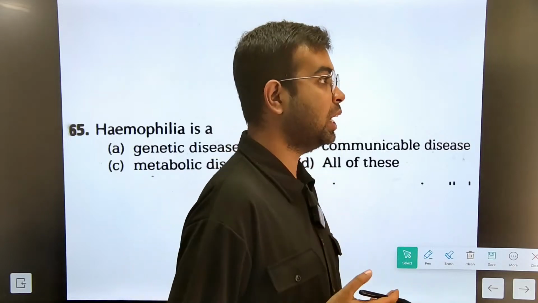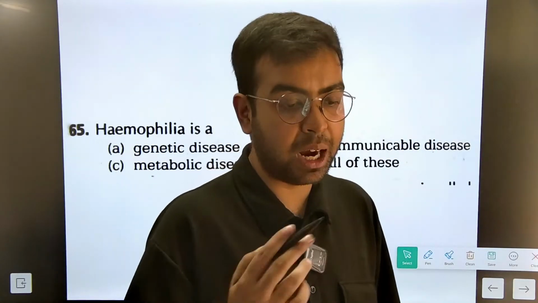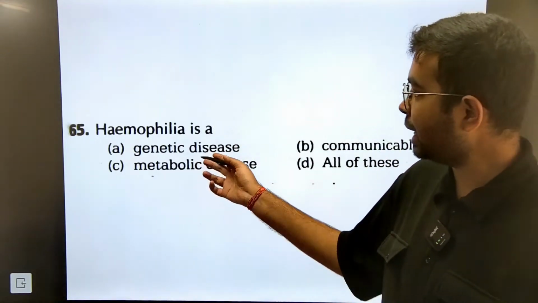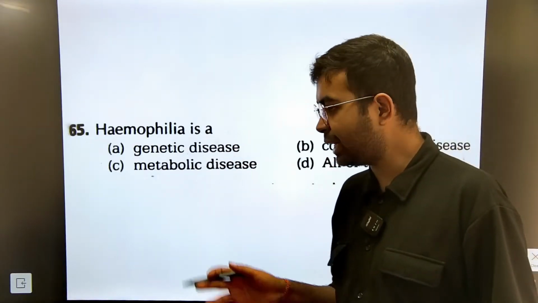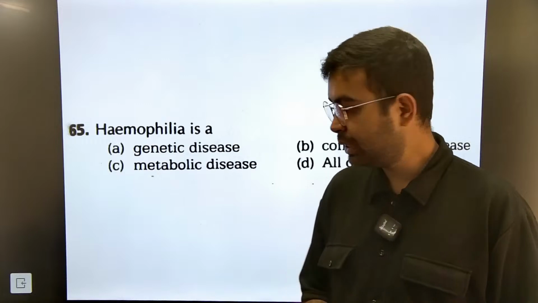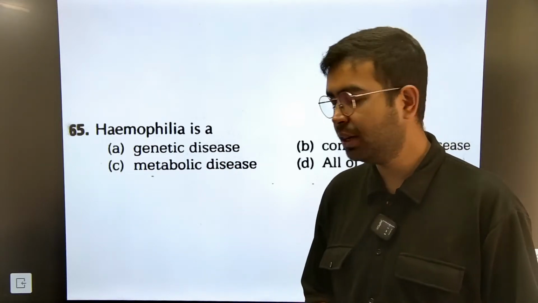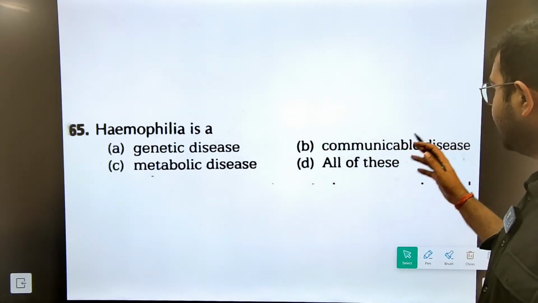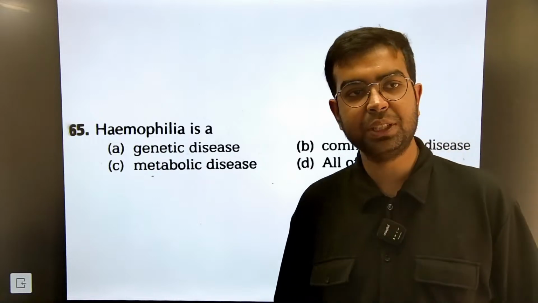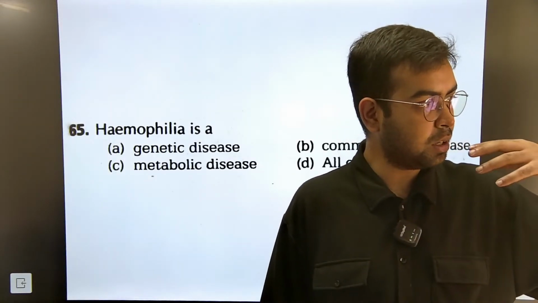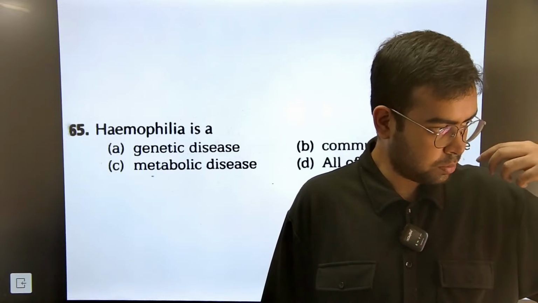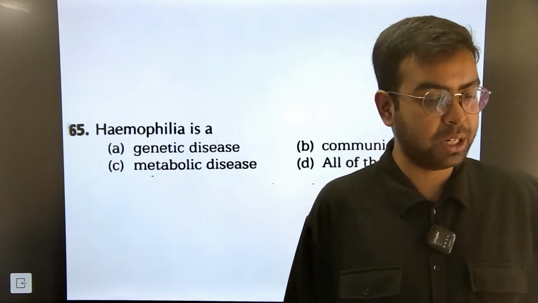If there is a disease that harms the metabolism of your body, then it will be a metabolic disease, or if you get a disease because of metabolism, that will be a metabolic disease. Okay. On the other hand, communicable disease means I have a disease, but if I touch another person, the disease may get transferred to that person.